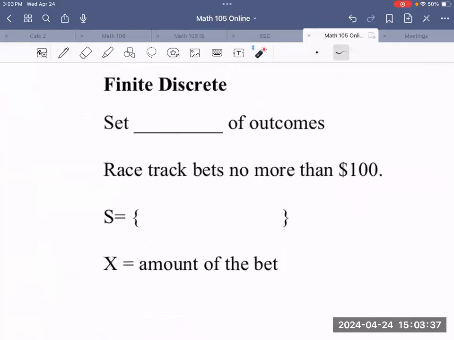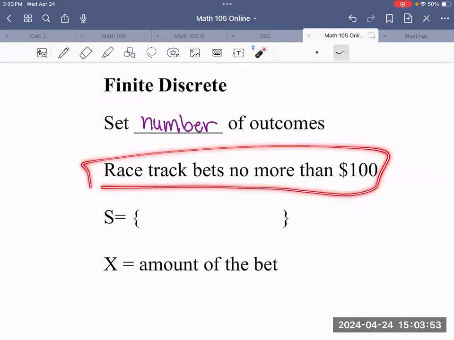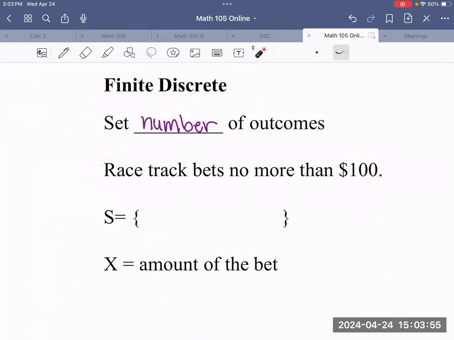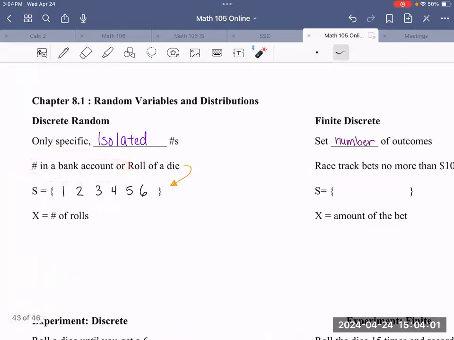Unlike that, finite discrete means it does terminate, but it's a set number of outcomes. For example, a racetrack that says you can't bet more than $100. Unlike the last time, where we were talking about money in your bank account, no bank is going to cut you off at a certain amount, saying you can't have more than $1,000 in your bank account.